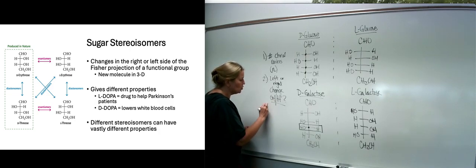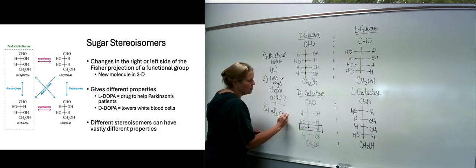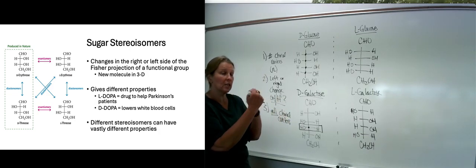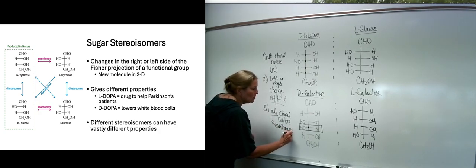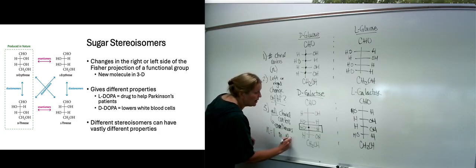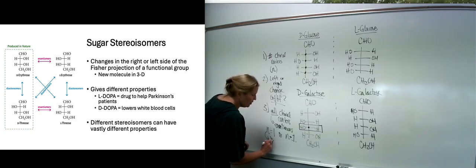If you change at all chiral centers, meaning every single chiral center, the H and the OH change positions, you are enantiomers. If you change at 1 to n minus 1, then you are diastereomers.